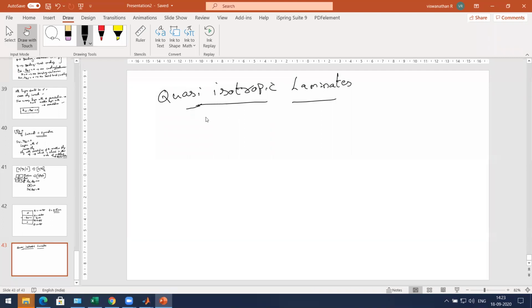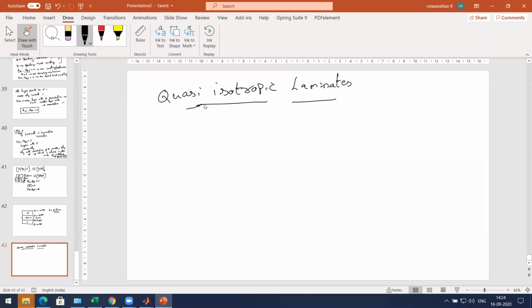Okay. So why are we looking at isotropic? Why do we want isotropic? Because we want uniform strength and stiffness in all directions. So that's why we look at quasi-isotropic laminates. The main problem with composites is that the stiffness and strength vary in different directions, so we want a composite that behaves like an isotropic material.